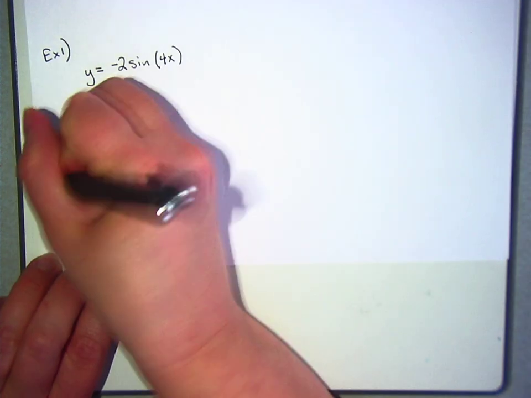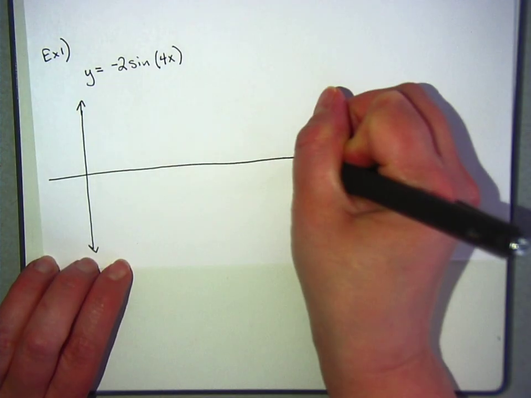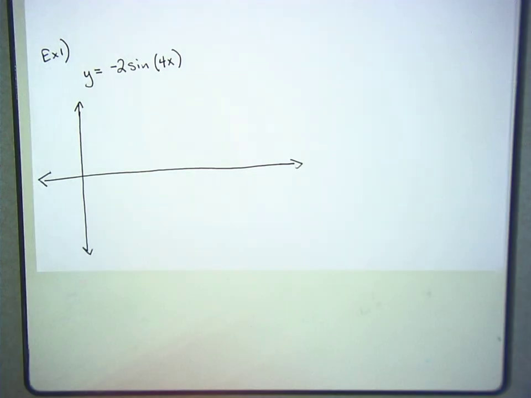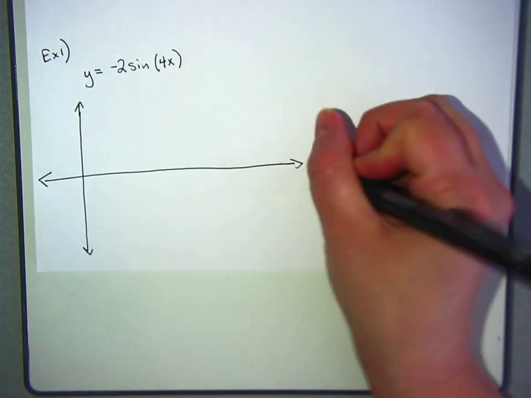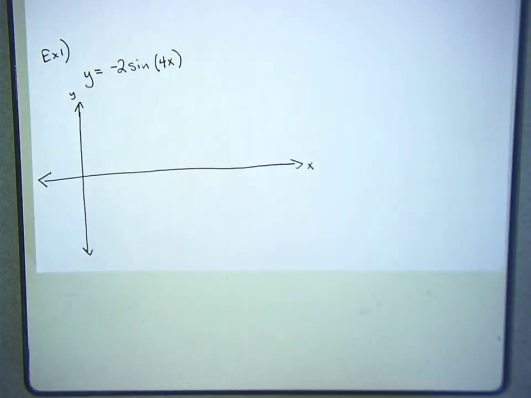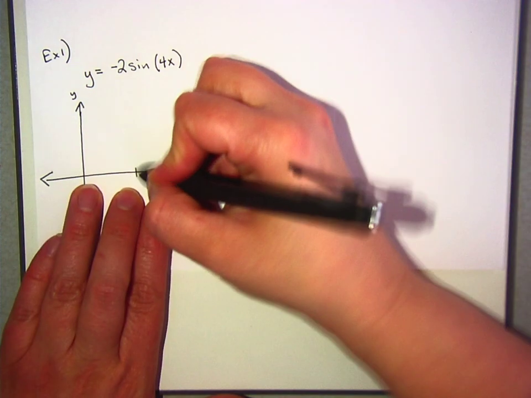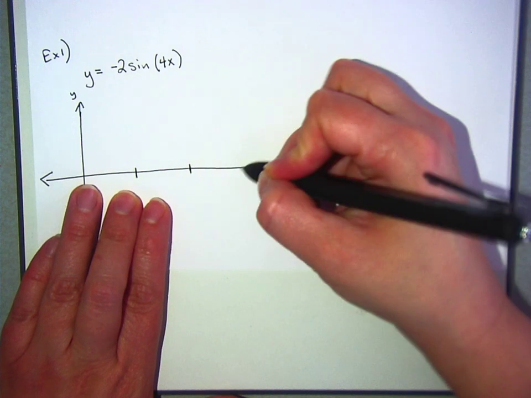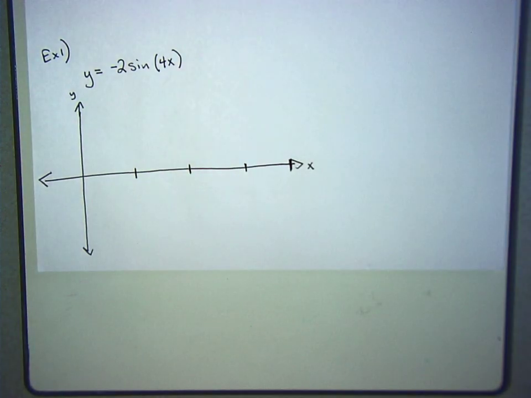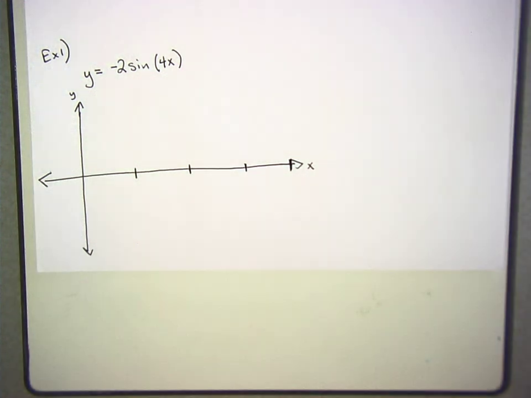You're going to start with an axis that looks like this. Here's my x, here's my y. You only need to have 4 marks. Just need to know where it's going up, where it's going down.